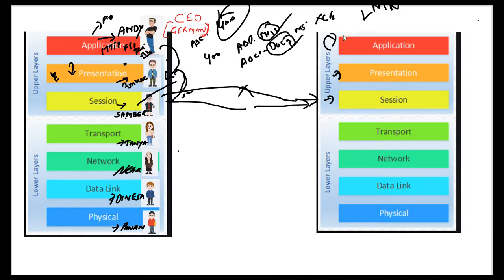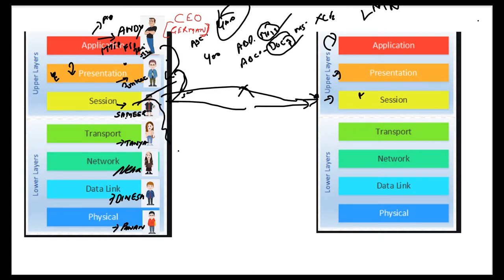So Sameer's job is to send 400 papers to ABCD and 200 papers to LMN, keeping each and every session separate. What will the session layer do? It will give the logical port number. This is the job of the session layer, to provide the logical port number. On the basis of that port number, it will keep each and every session separate.